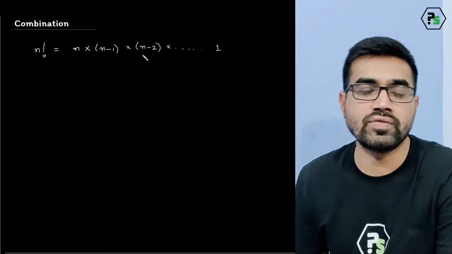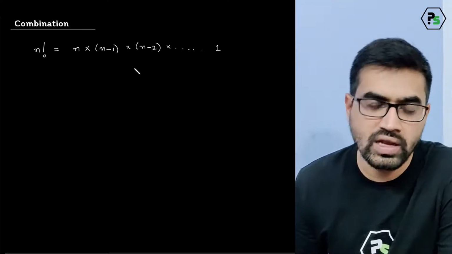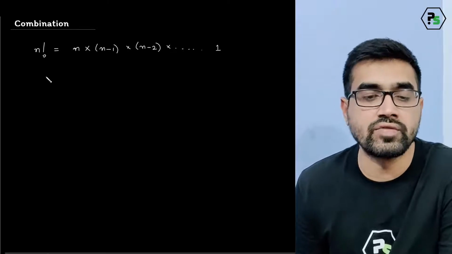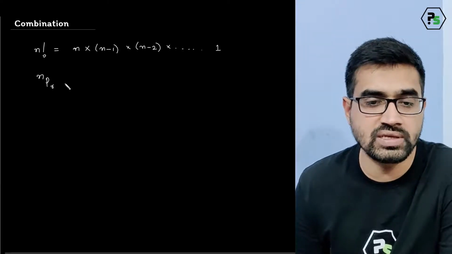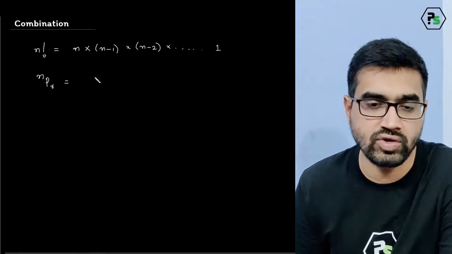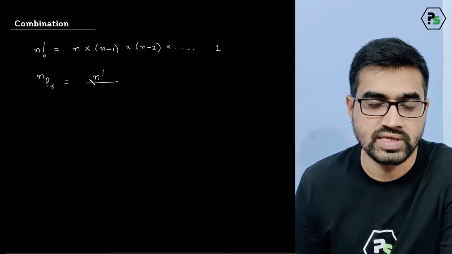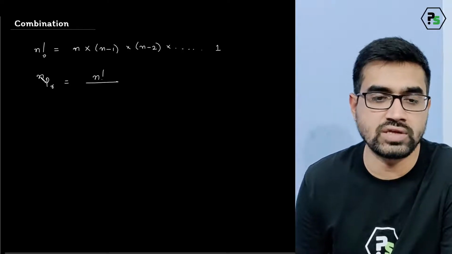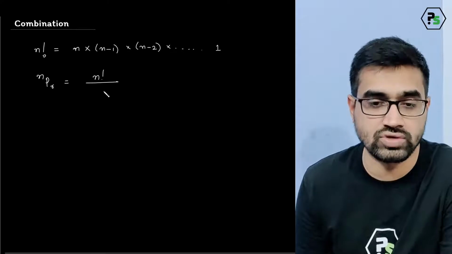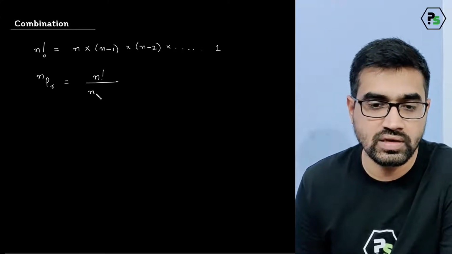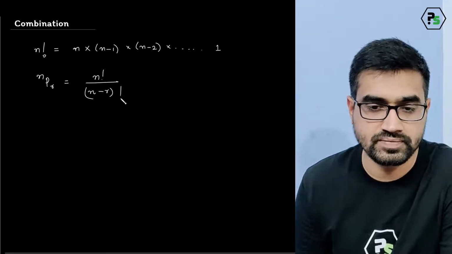Correct. The other thing we remember is the permutation symbol, nPr, where you are arranging r out of n things, which is n factorial over n minus r factorial.